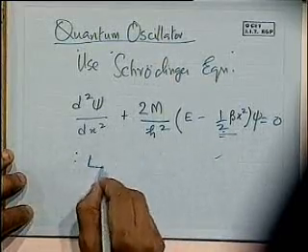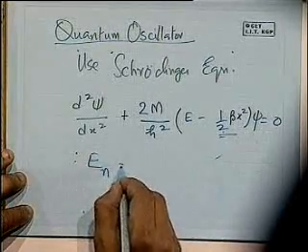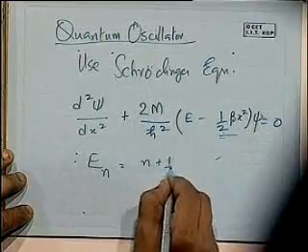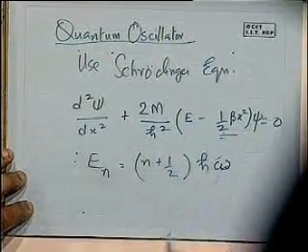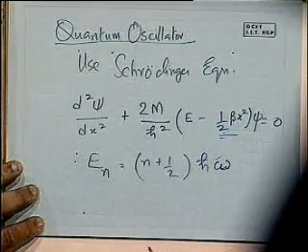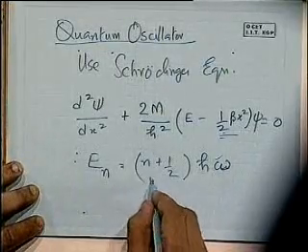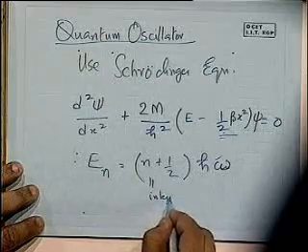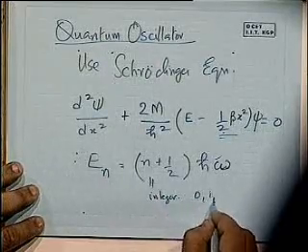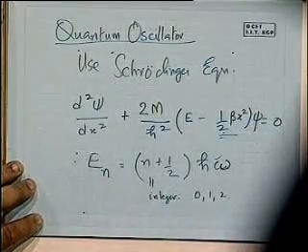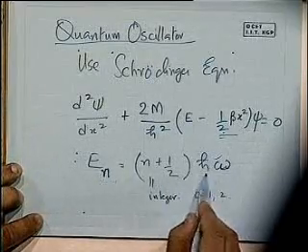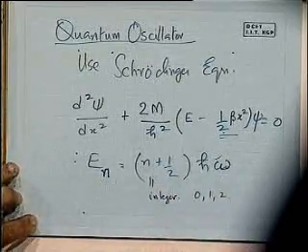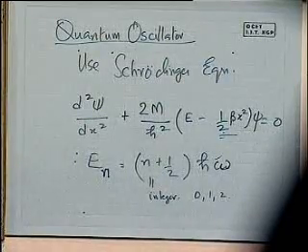The solution of this yields E_n equal to (n plus half) h bar omega. In other words, n, which is an integer, which could be 0, 1, 2, and so on, times plus half times h bar omega. What's the lowest energy that it can have?